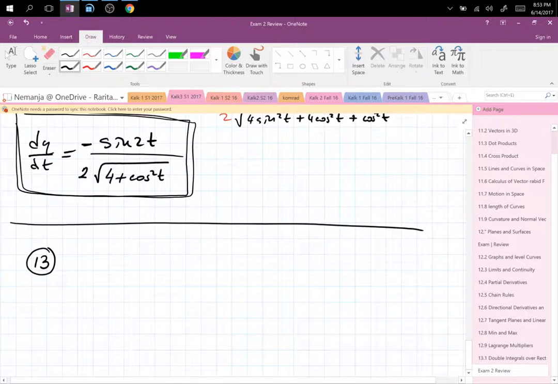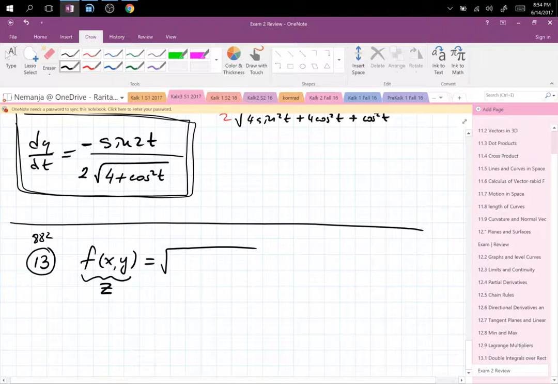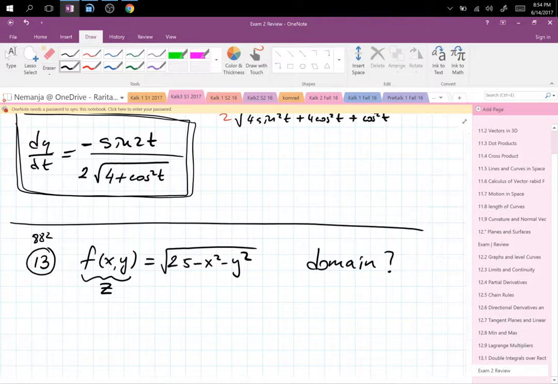Problem 13 on page 882 says f of xy, you should know that that's your z, is equal to the square root of 25 minus x squared minus y squared. What's the domain? Well, you see that your input for this function is region xy, which means that we are going to have a region to be the domain.